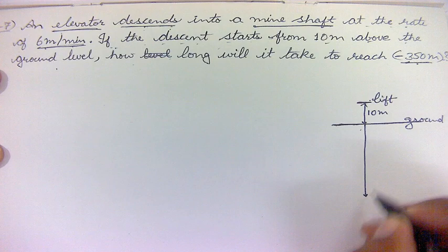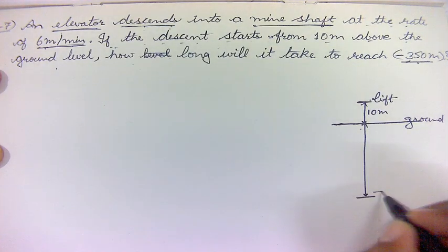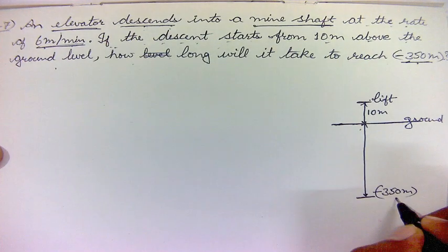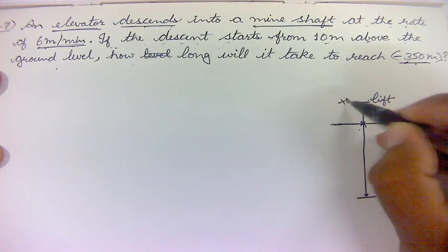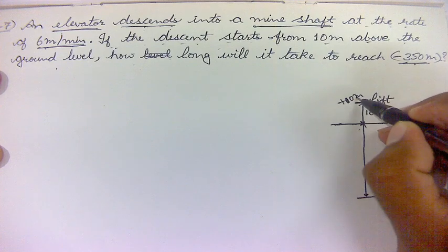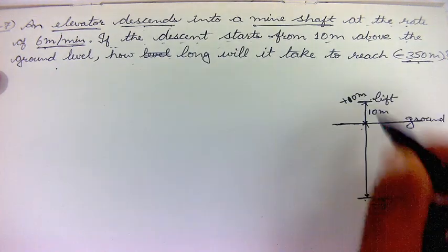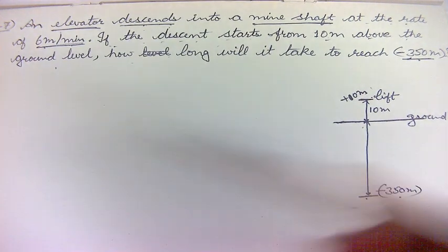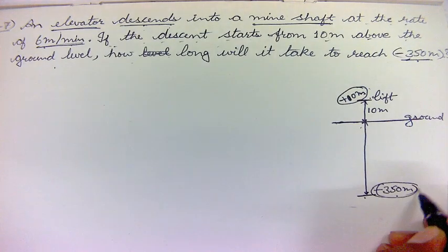So from the ground, the point where it reaches, this is -350 meter. So you have to tell that from the point of 10 meter to reach -350 meter, how much time is taken. So this is the starting position and this is the last position.